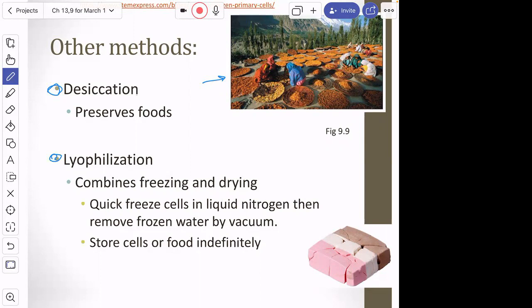So you get that frozen water, you just kind of suck it off with the vacuum. And you can store cells this way or food indefinitely because you've taken all the water out of them. Microbes can't grow. So astronaut ice cream, or there's lots of food mixes that backpackers can get, so they're real light to carry. And then you just have to add water to eat them.